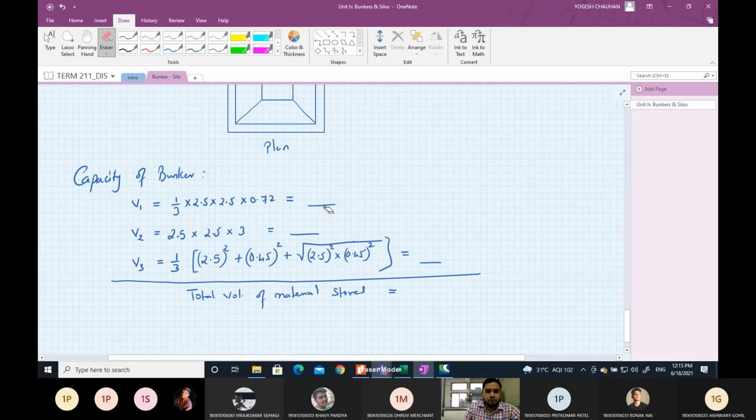How much is this? 1.5. It is 1.5 meter cube. 18.75.